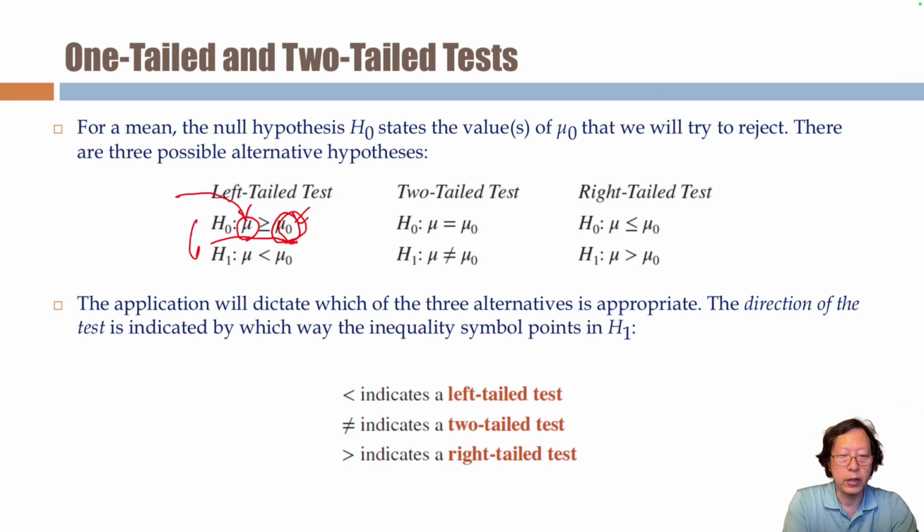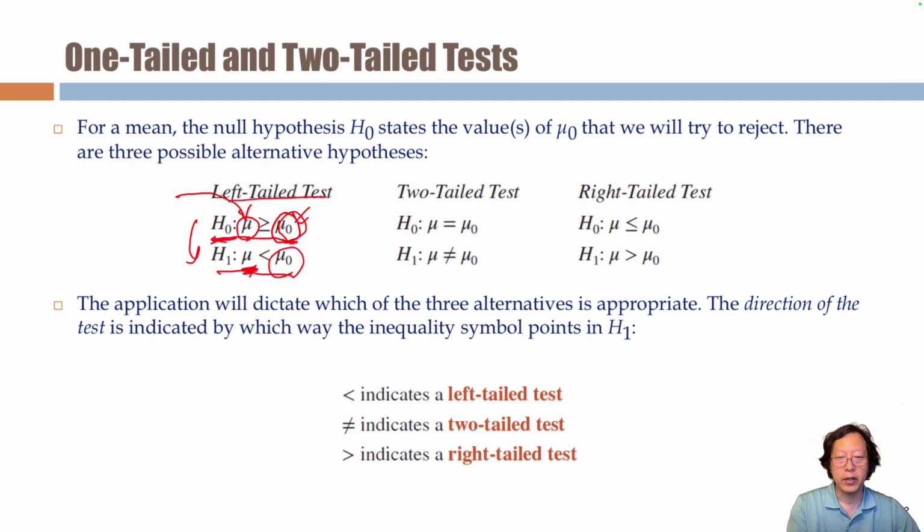Then I'm collecting evidence to reject the null hypothesis. We estimate this population mean using the sample mean, and we try to collect evidence to reject the null hypothesis, and the alternative hypothesis is that mu is smaller than that certain number.